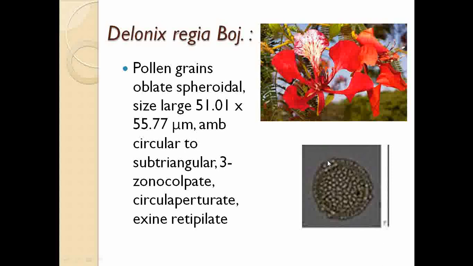It shows the presence of three apertures, 1, 2 and 3. So it shows a three zonocolporate structure, while the exine is reticulate. If you observe the exine nature, it looks like the epidermis, okay, so it looks like that. That type of structure is called a reticulate structure.